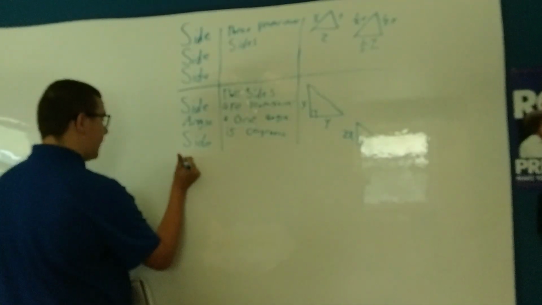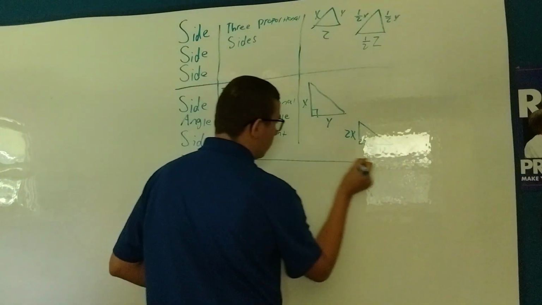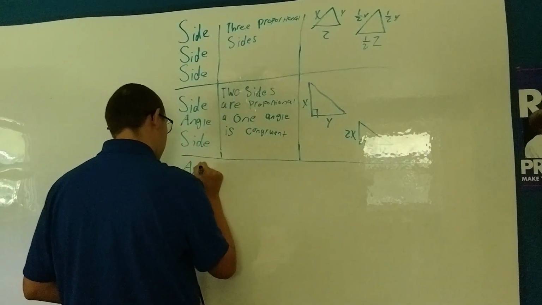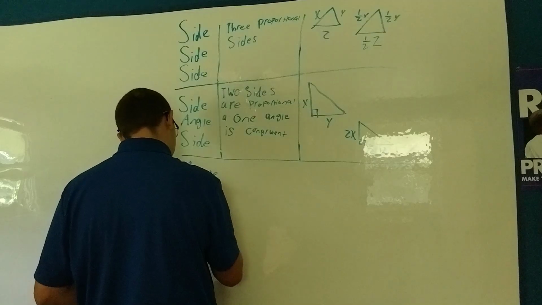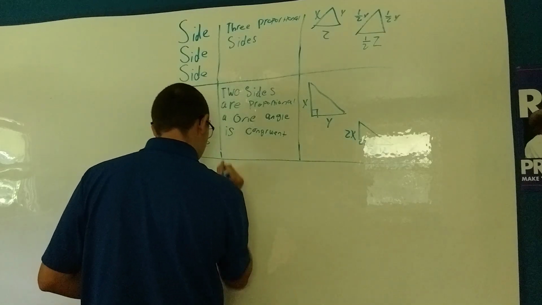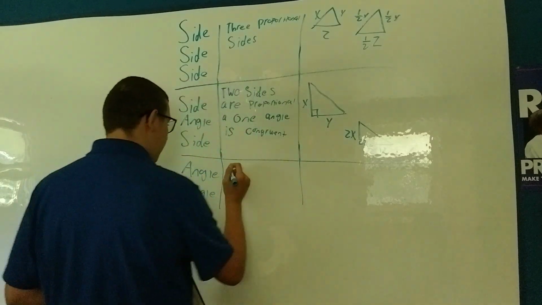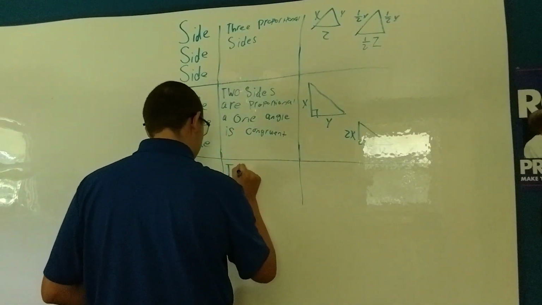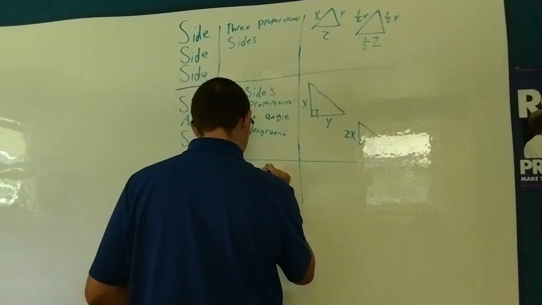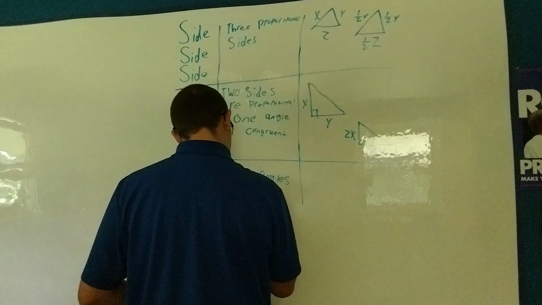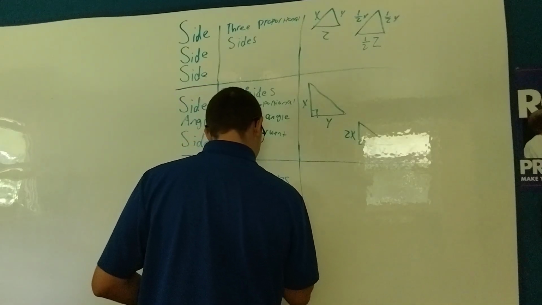And then finally, you have angle, angle. And I'm sure, as you guessed already, this is when you can prove that 2 angles are congruent.